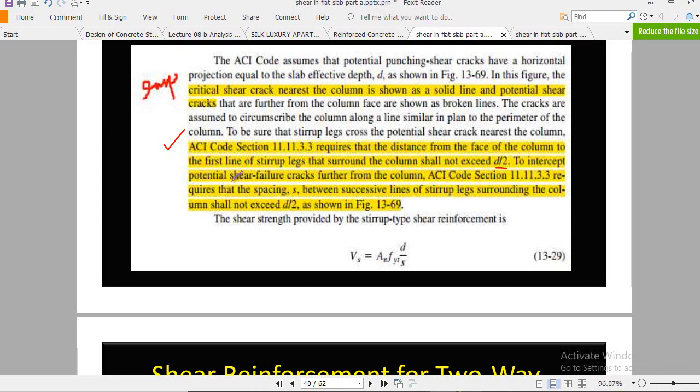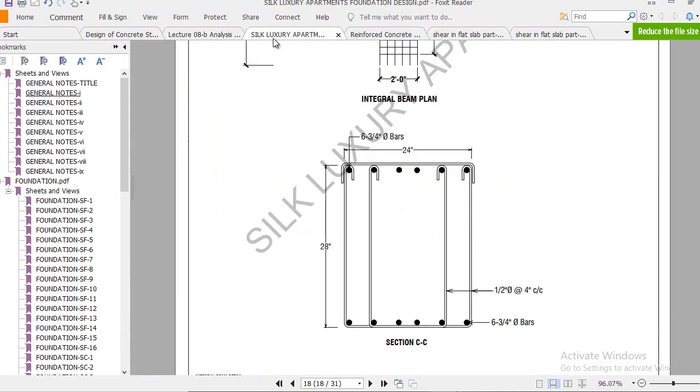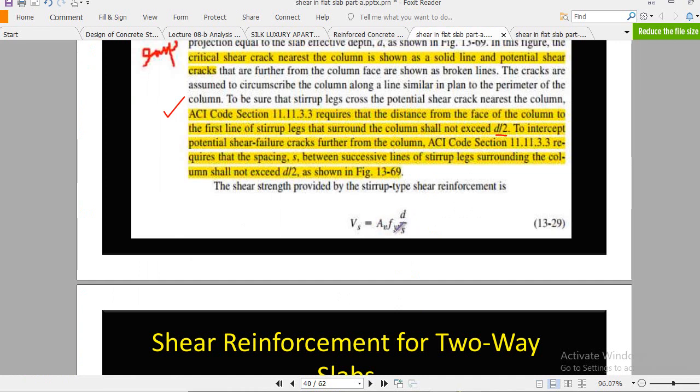This is for shear reinforcement, not for studs; I will explain for studs as well. The spacing of this shear reinforcement should be less than d by 2, or it should be calculated from this equation, which is s. The minimum value will be selected.